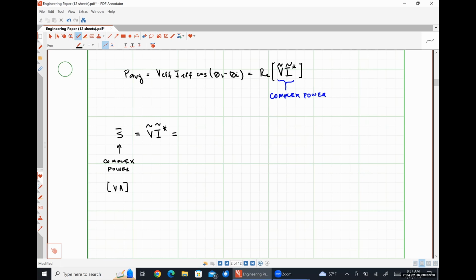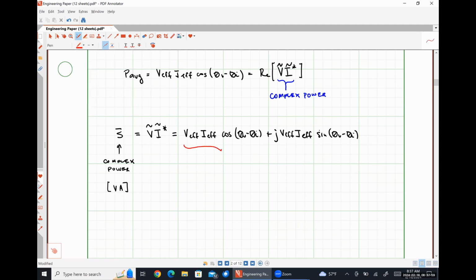All right, so we're going to start with our rectangular form definition or expression here. So we're going to have the magnitude. So that's going to be V effective, I effective, cosine(θv minus θi) plus j V effective, I effective, sine(θv minus θi).